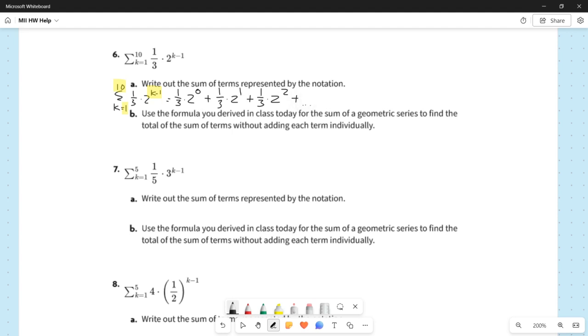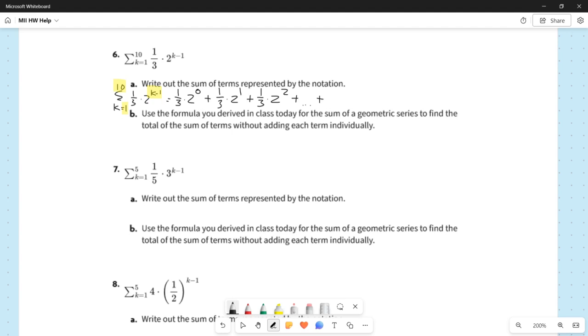If you really wanted to, you could write out 1/3 times 2 to the 3rd, plus 1/3 times 2 to the 4th, plus 1/3 times 2 to the 5th, plus 1/3 times 2 to the 6th, plus 1/3 times 2 to the 7th, plus 1/3 times 2 to the 8th. However, I think we get the point. So I'm going to jump all the way to the end and write my last term.